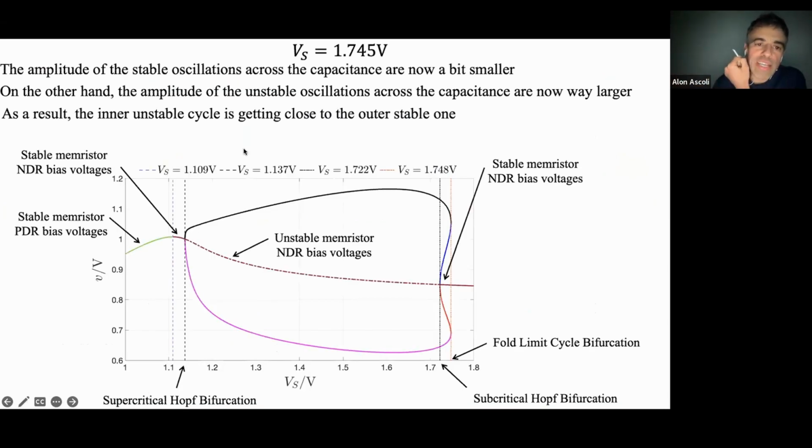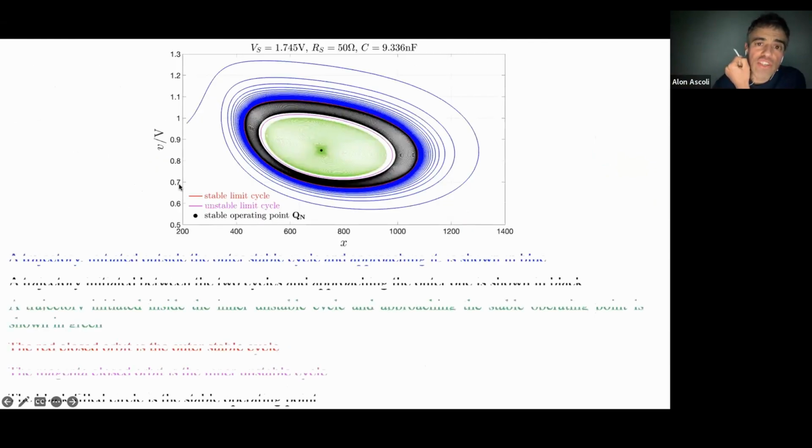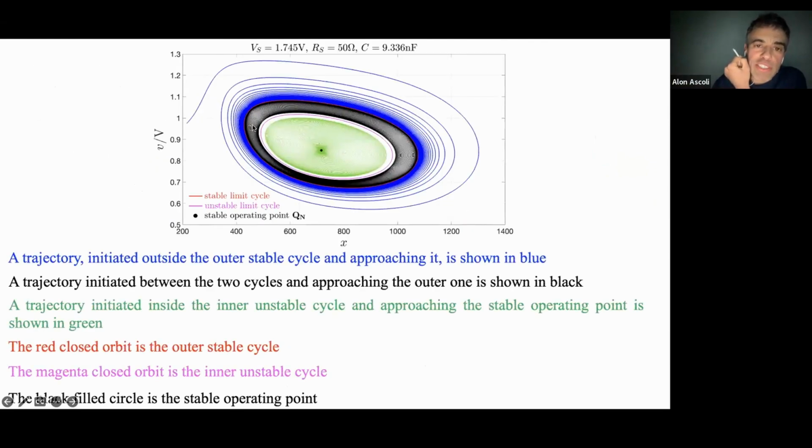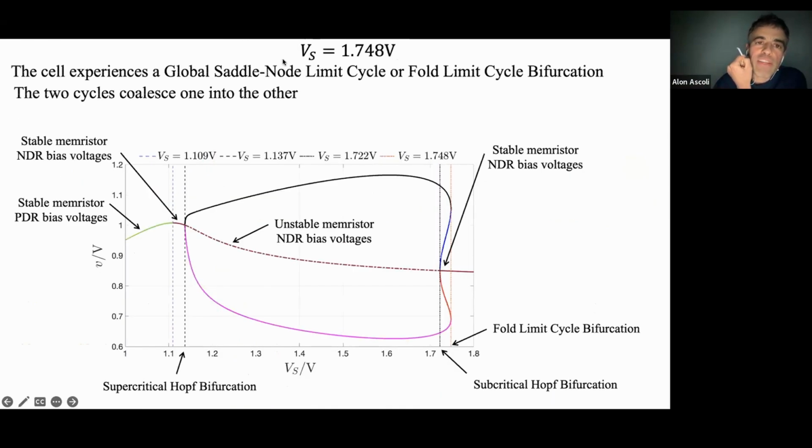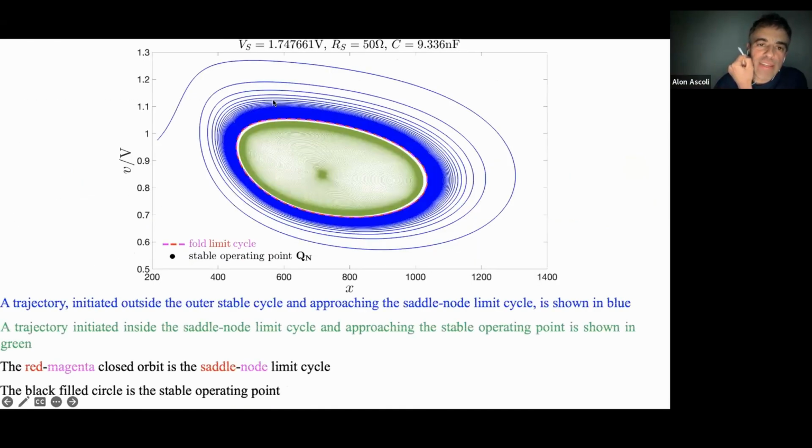Finally, when we go into the bistability regime, the unstable cycle grows. As you can see, the magenta cycle is much larger, it's getting closer to the red one. And so the unstable oscillations are very close to the stable ones. And finally, we have the global phenomenon where the two cycles merge together. You see now, this is a semi-stable oscillation.